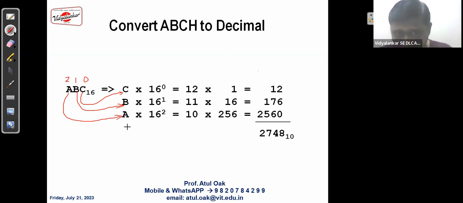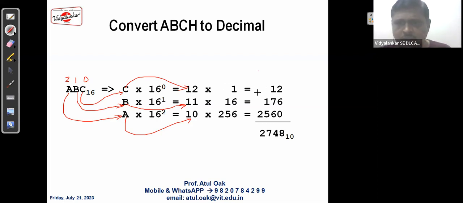Now these alphabets we have to represent by actual digits. My A in hexadecimal is 10, so it is 10 into 16 squared. My B is 11, so it's 11 into 16, and my C is 12, so 12 into 16 raised to 0, which is 1.